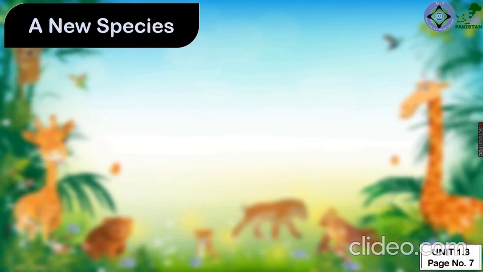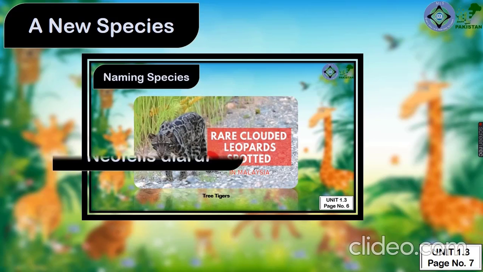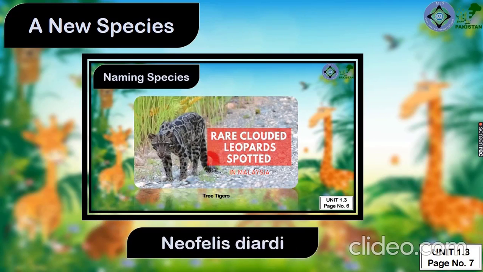So, based on genetic difference, scientists claim that clouded leopards found in Borneo, named tree tigers, are a separate species. They assigned them a new scientific name, Neofelis diardi.